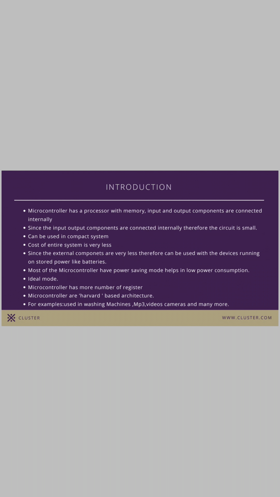Registers are generally storage elements, variables you can say, and architecture is the design of the microcontroller. Nowadays in washing machines, MP3 players, videos, cameras, and so many other devices we are using the microcontroller.